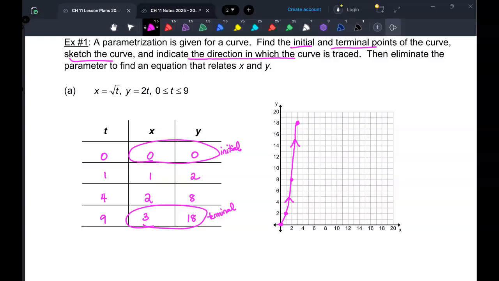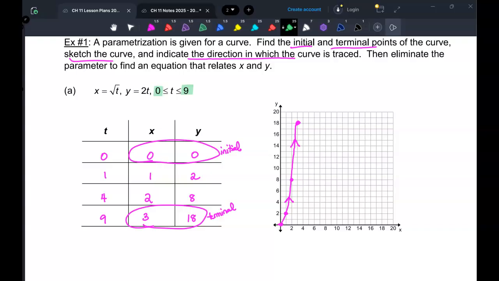How do you know why there's no arrow like it keeps going? How do you know it's the last point? Because this is the terminal point. Remember, can you pick any point for your terminal point? No, so 0 to 9. When t equals 0 is going to be our initial, so 0, 0 is our initial point. 3, 18 is our terminal point.